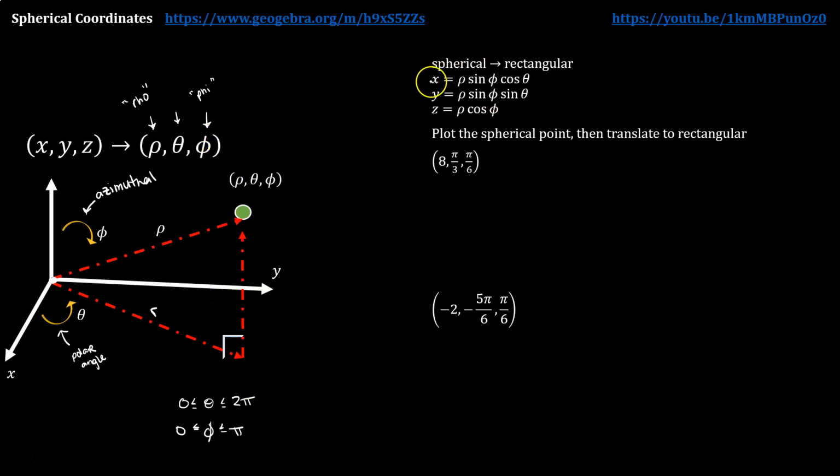All right, because we don't quite recognize things written in terms of spherical coordinates, we will want to translate back and forth between spherical and rectangular. You'll notice that there's a lot of similarities between the cylindrical to rectangular equations, with one difference. There's no r in here, so instead of x being r cosine theta, it's now rho sine phi cosine theta.